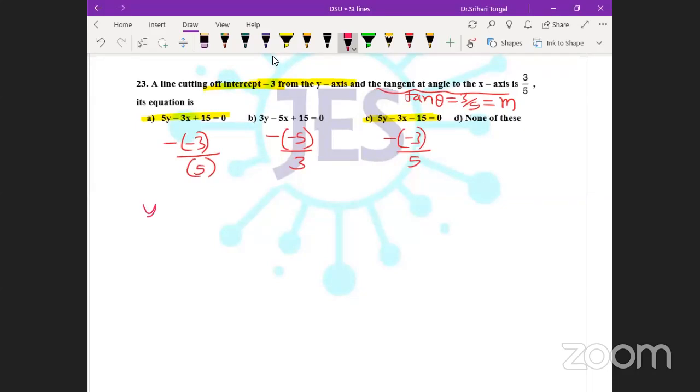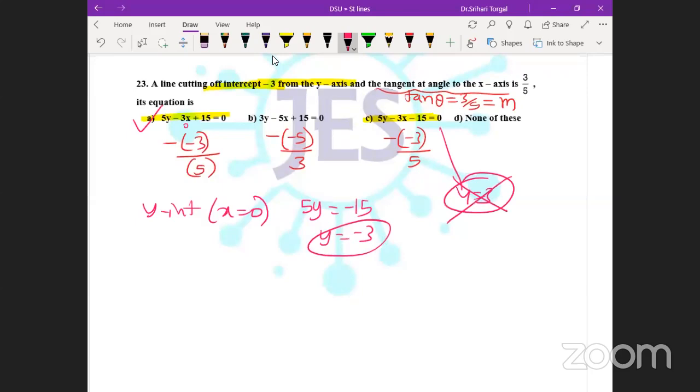To get the y-intercept, you just put x equal to 0. If you put x equal to 0, you will get 5y is equal to -15, y equal to -3. Correct? Option A is the right answer. And you will get 3 here, y-intercept as 3, which is not right because we have to get -3 as y-intercept. So option A is the right answer.